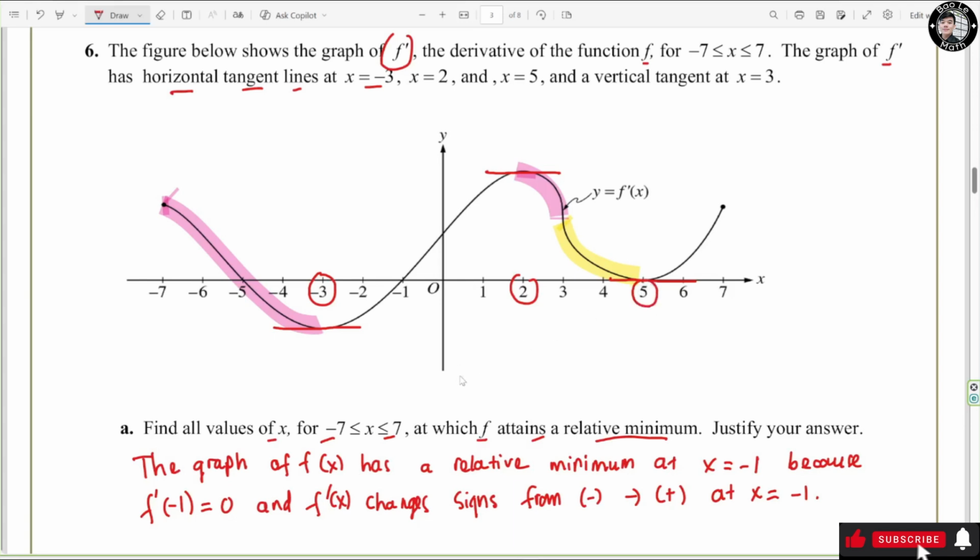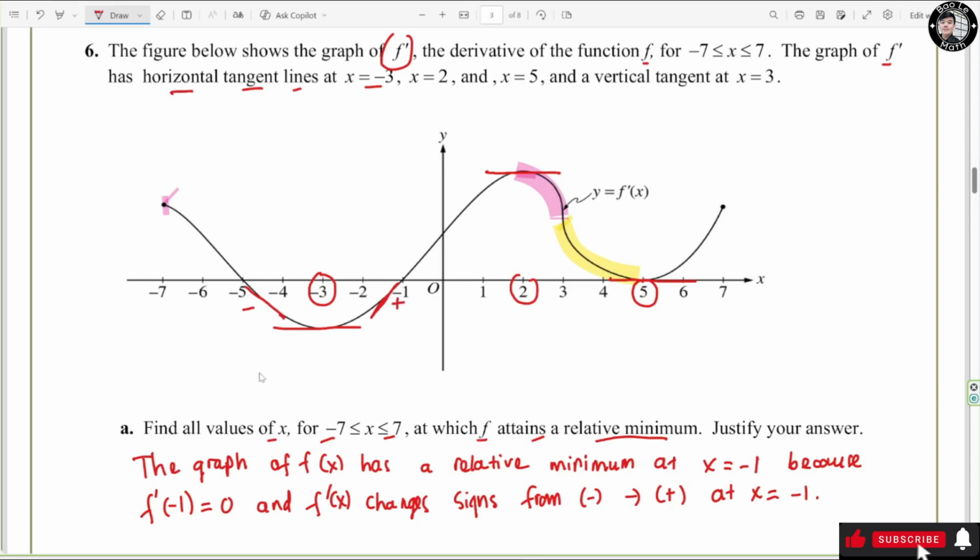Now you need to be careful. The point of inflection occurs when f double prime changes sign. So we draw the tangent line right here. We see that the slope of the tangent line is negative. And draw the tangent line right here. The slope of the tangent line is positive, right?